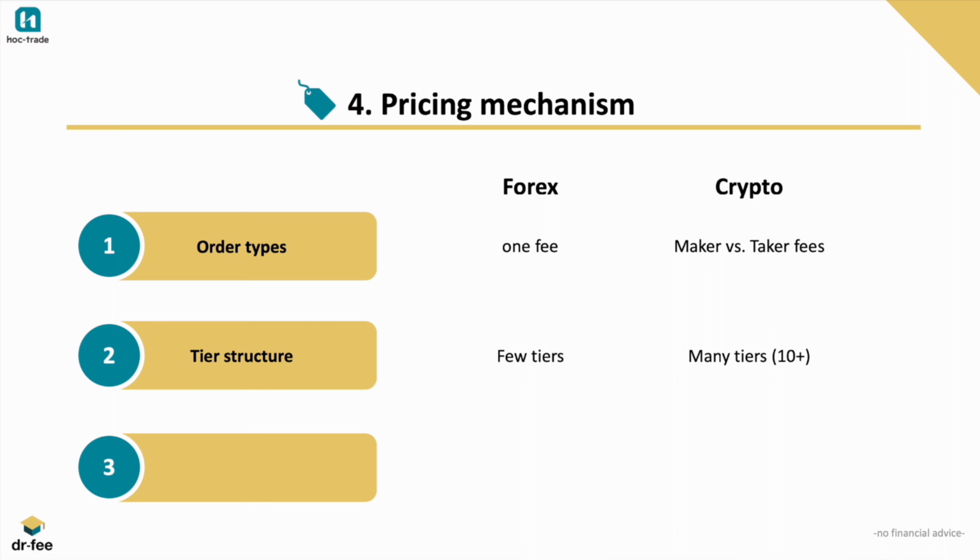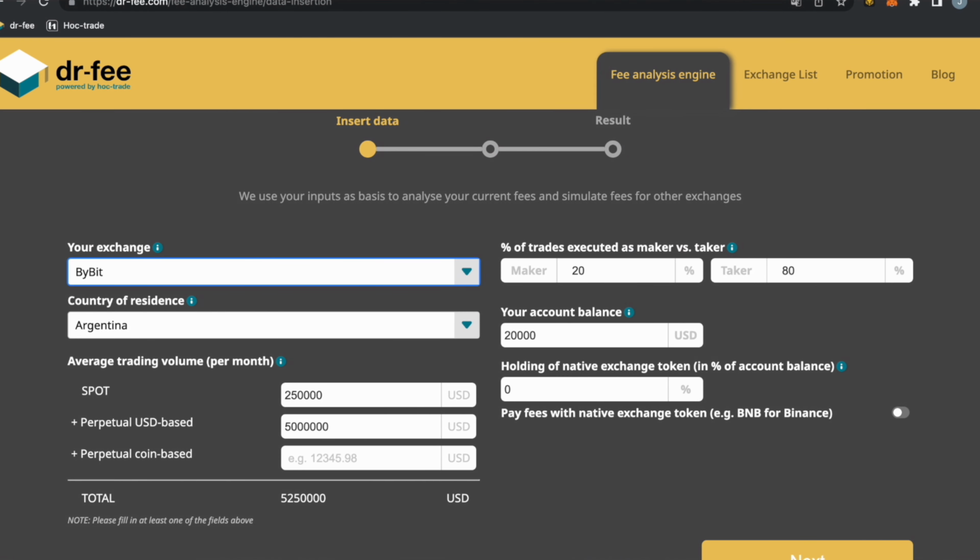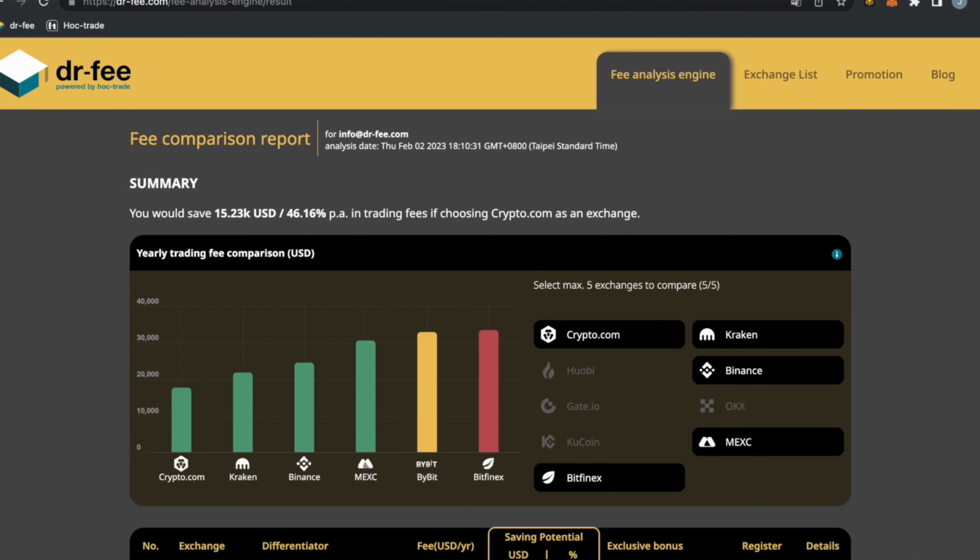With so many crypto exchanges, plenty of tiers and requirements, a manual comparison of which exchange suits you best is pretty much impossible. That is why the easier way is to use an automatic comparison tool such as Dr. Fee. You can either connect your trading account or enter your spot and future trading volume, your share of maker and taker trades, your account balance, and native exchange token, and within a few seconds, see how much fee you would actually pay at any of the large exchanges.